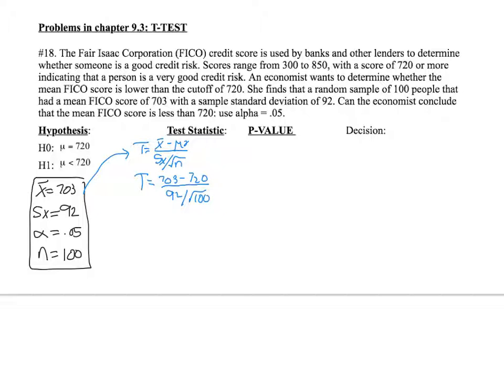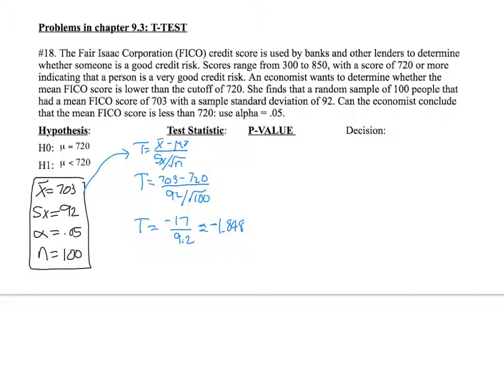So now we can do some calculations. T now is equal to negative 17 over 9.2. And this is equal to a negative 1.848 approximately. This is an approximation.